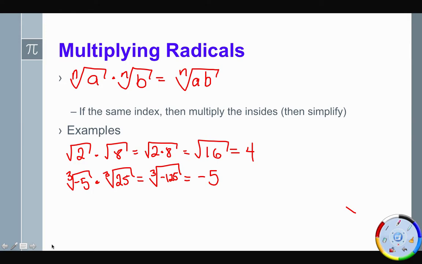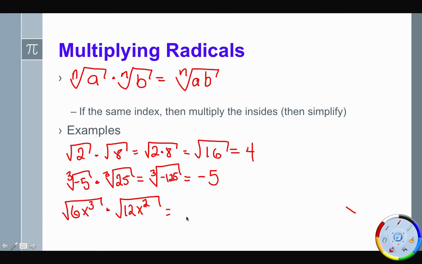We can also do this with variables. We can say the square root of 6x to the third times the square root of 12x to the second.